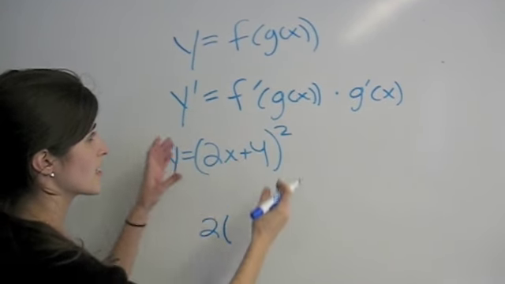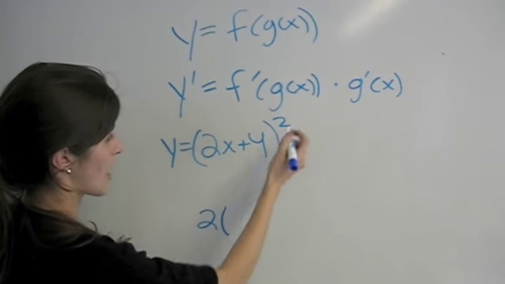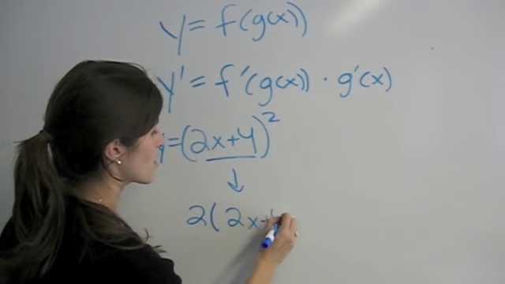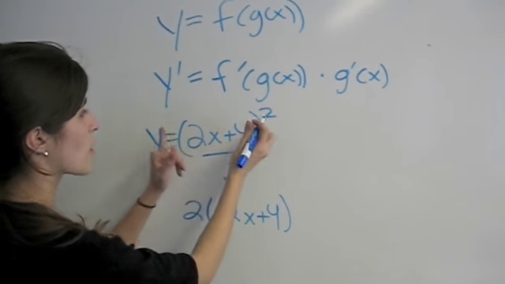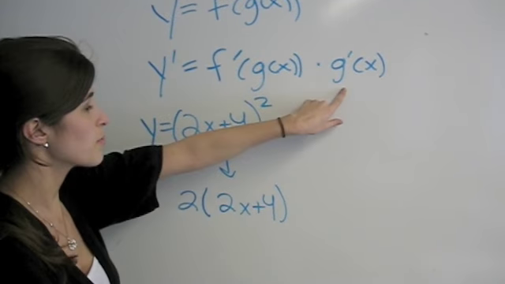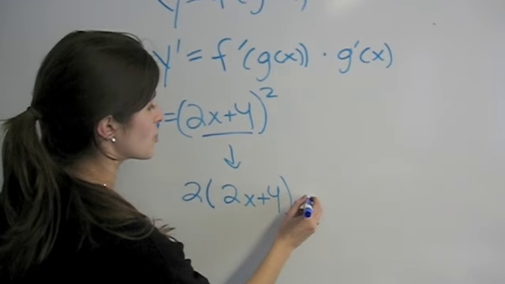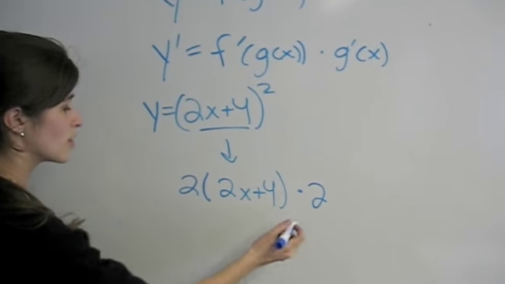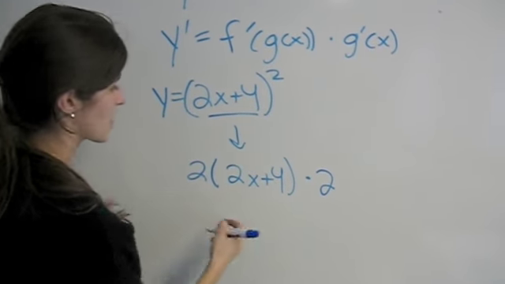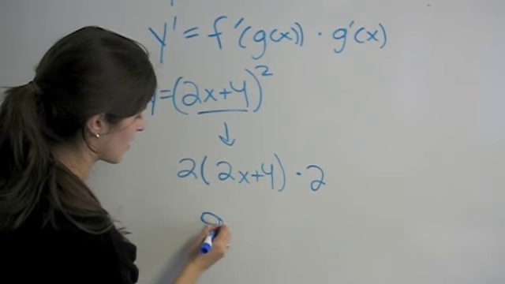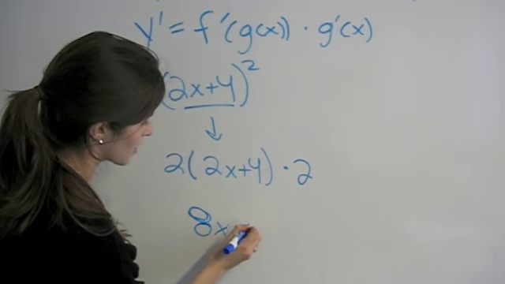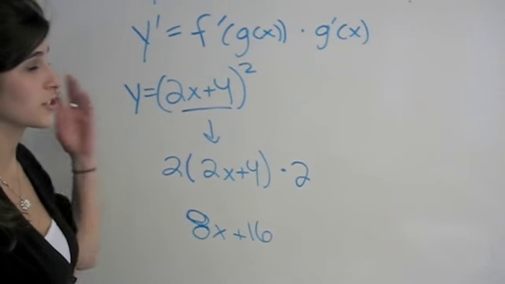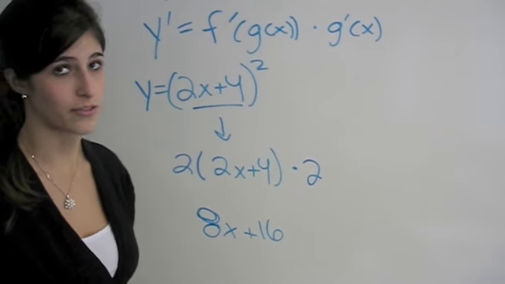Then g of x is the more inner part of the equation, which is 2x plus 4, and since we're calling this g of x, g prime is just equal to 2, so we do times 2. When simplified, this comes out to be 8x plus 16, which is the same thing that we got before. This is just a simpler way of doing it so that you don't have to FOIL.